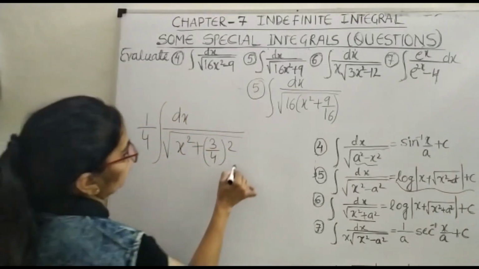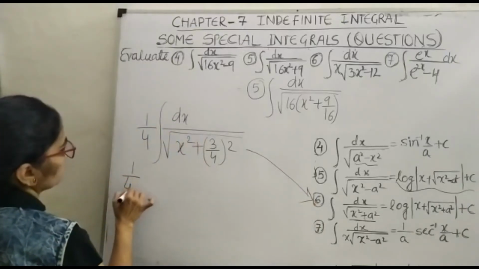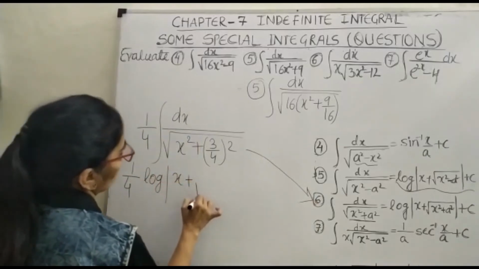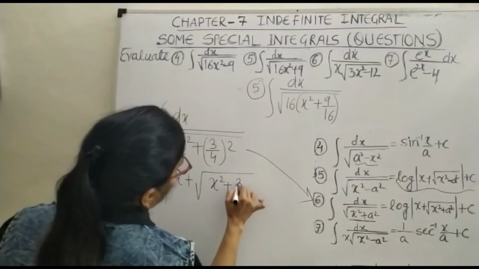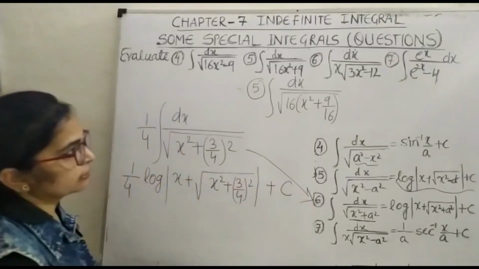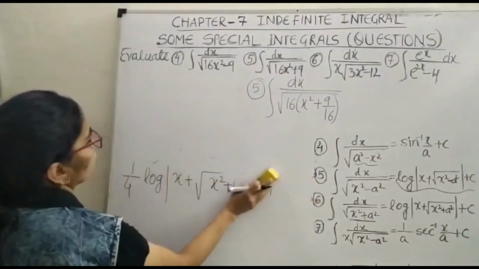So this is of the form this, right? तो ये आपका 1/4 तो आपका कांस्टेंट है, log mod x प्लस अंडर रूट एक्स स्क्वायर प्लस 3/4 the whole square mod plus c. Okay.